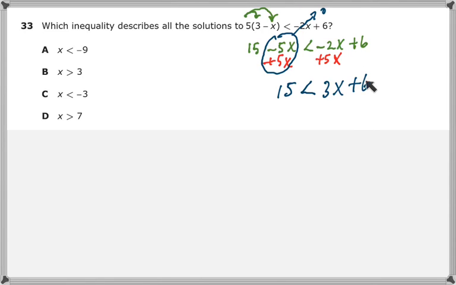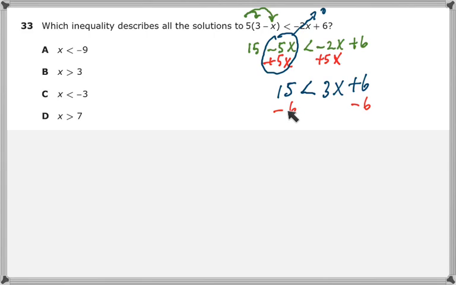Now we want to move this constant value, the 6, over to the other side. So we're going to subtract 6 from both sides. Minus 6 here, minus 6 here, and then 15 minus 6 gives us 9.